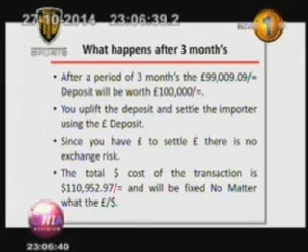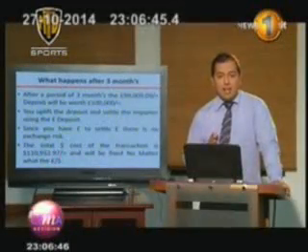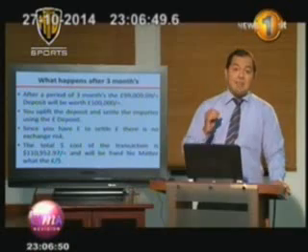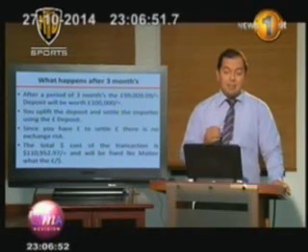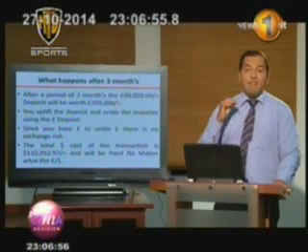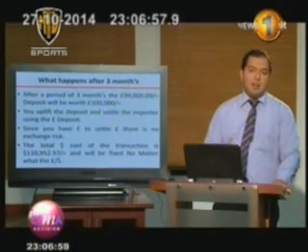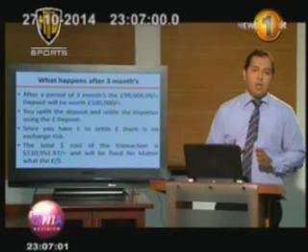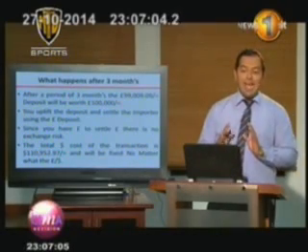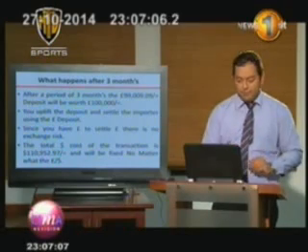No matter what happens to the exchange rate, your dollar cost is going to be $110,952.97, and therefore what you have essentially done here is you have eliminated your exchange rate risk by entering into a money market hedge. What you have done is you have fixed the dollar cost of this transaction. That is how your money market hedging works. This is how you will hedge a payment.